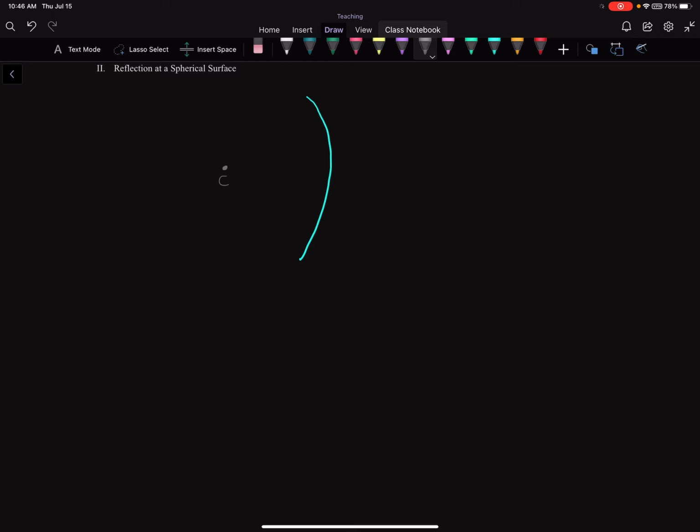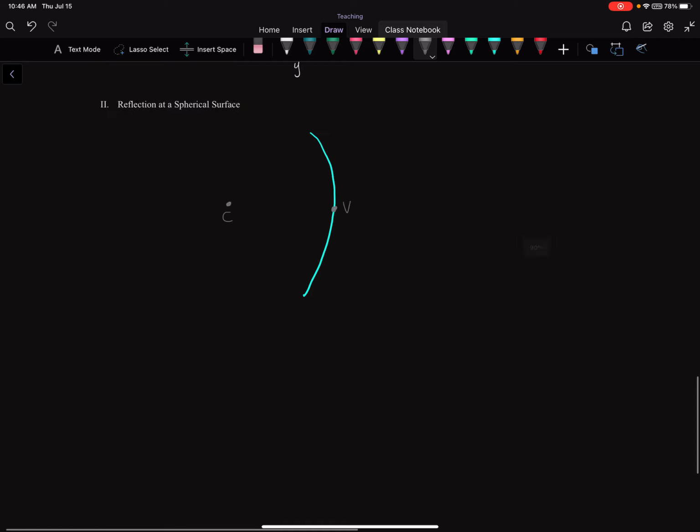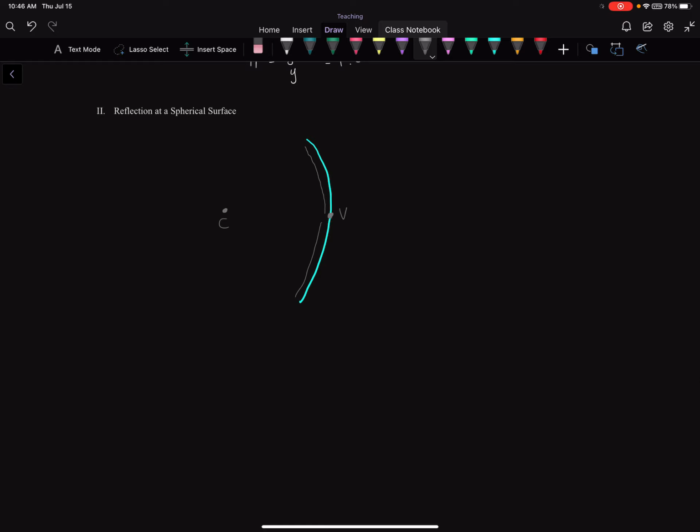And then we have a vertex, V, which is just at the center, right? So there's the same distance going on there as there is there. And that usually defines the optical axis, which would be the line through those two.